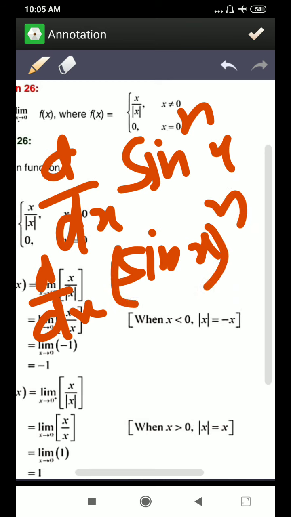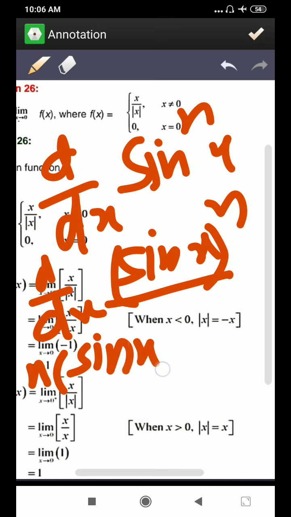So again, I will do the same thing. I will first differentiate this as x raised to power n, as I did in the previous question. So when we differentiate this as x raised to power n, what will be the derivative? n into whatever is this raised to power n minus 1. Clear? Because the derivative of x raised to power n is n into x raised to power n minus 1.